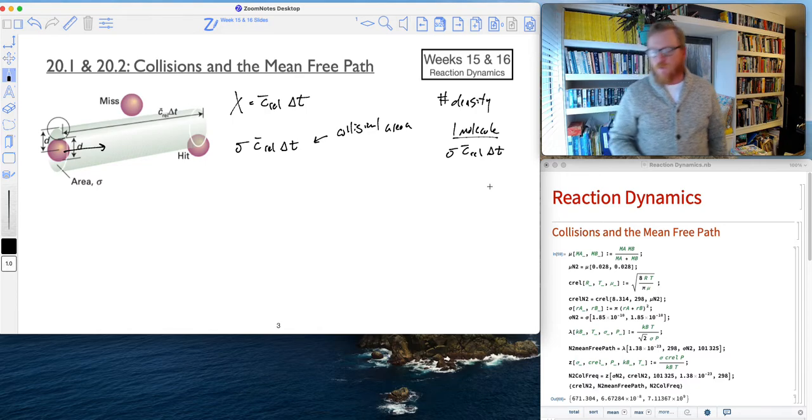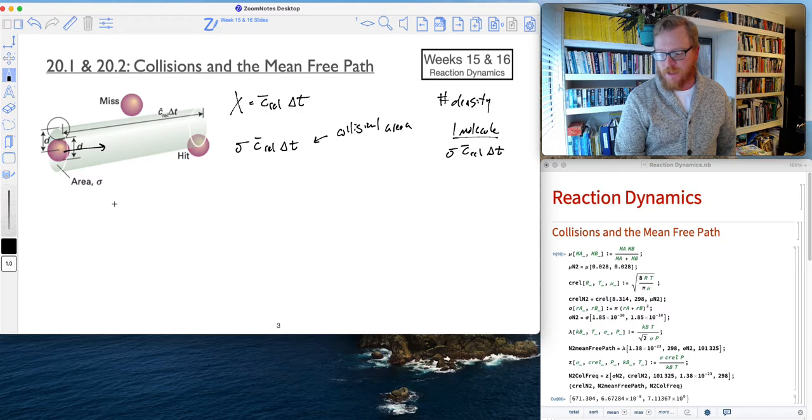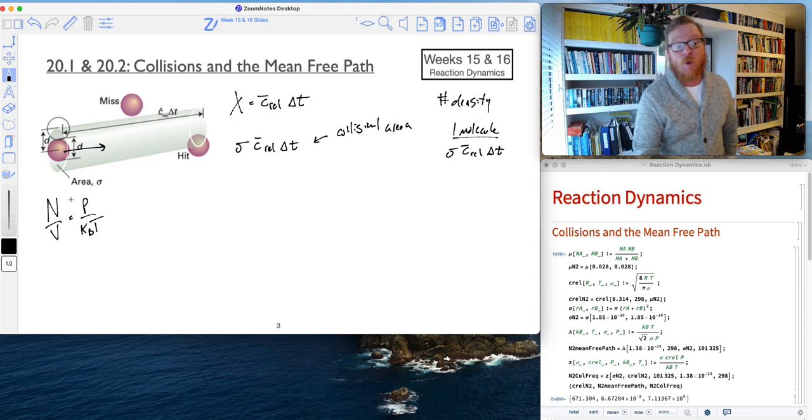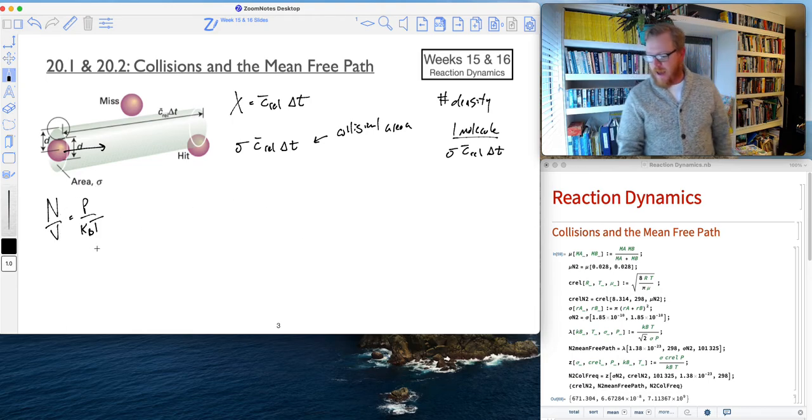We also remember that we can calculate our number density, our molecular density, using PV equals nRT, right? So recall we can say big capital N over V equals P over k Boltzmann T, right? So our number of molecules divided by volume is P divided by Boltzmann's constant T, okay?